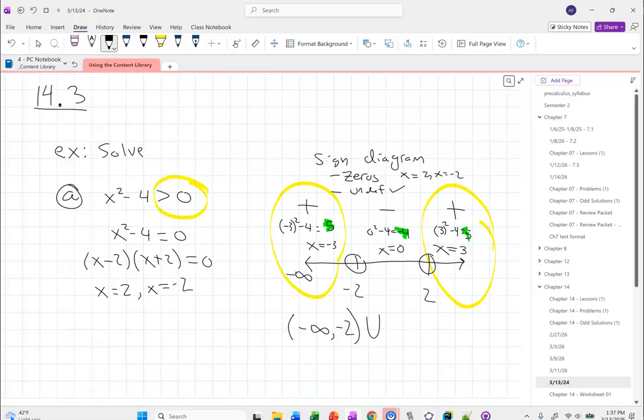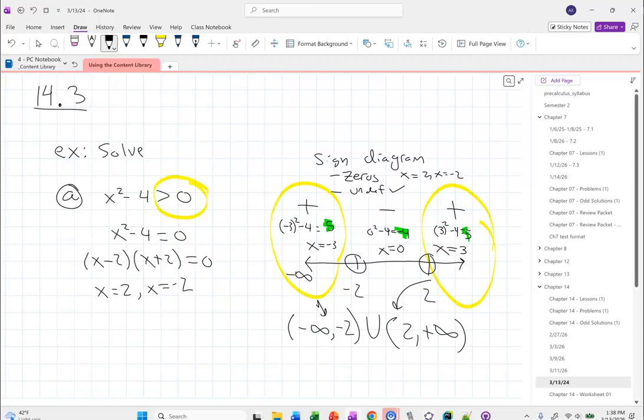And then my next interval, negative 2 to 2, nope, that is negative. We don't want that one. We only want the positive piece. My other interval is going to be 2 to positive infinity. Does that feel okay? Sure.